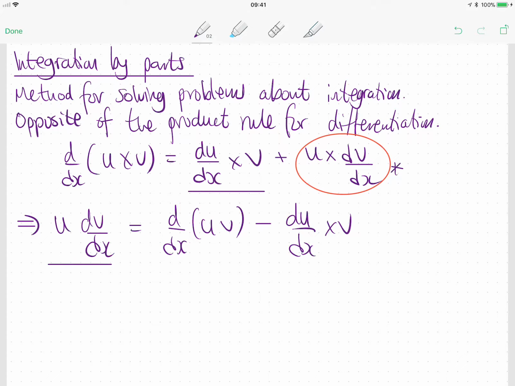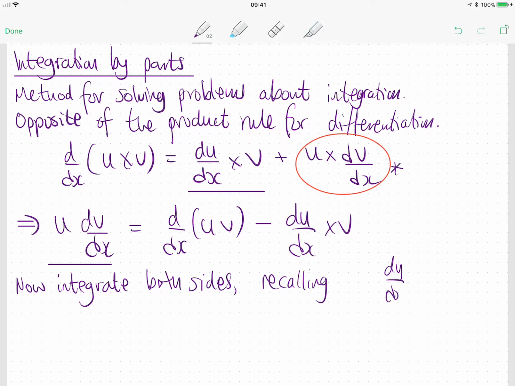Okay, so now I'm going to integrate both sides. And I'm going to remember that integration is the opposite of differentiation. So if I differentiate something and then I integrate it, I get back to the start. Okay, so let's do that.